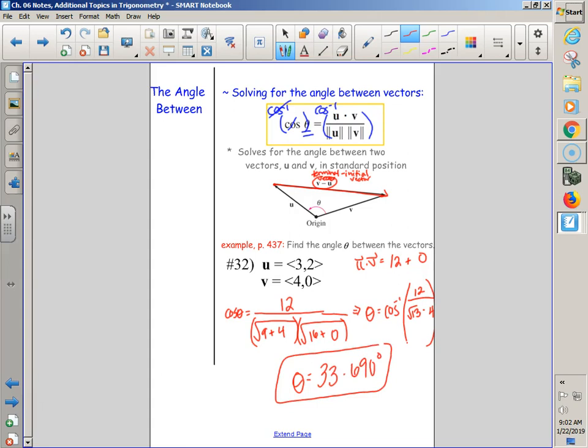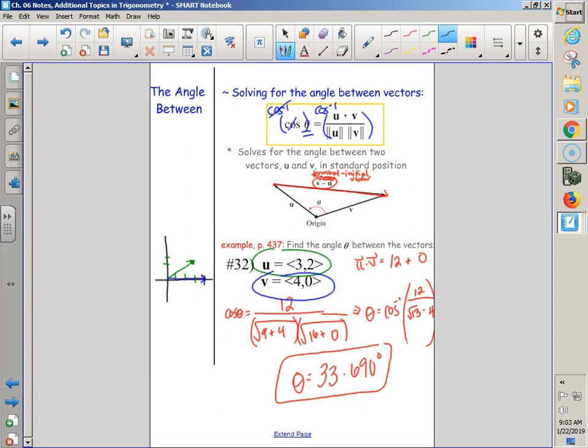As I hear a few people trying to double check this, you technically could eyeball it too and see if it at least somewhat makes sense. You could draw vector u by going over 1, 2, 3 and up 2. Then you could draw vector v by going 1, 2, 3, 4 and 0.